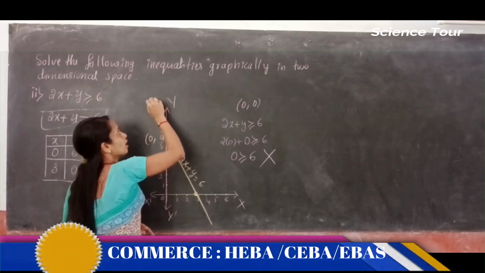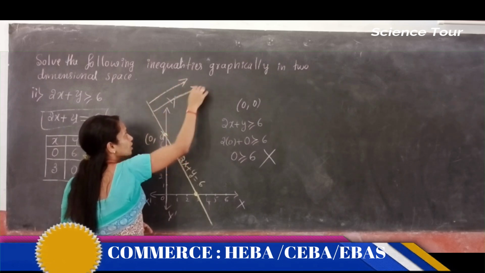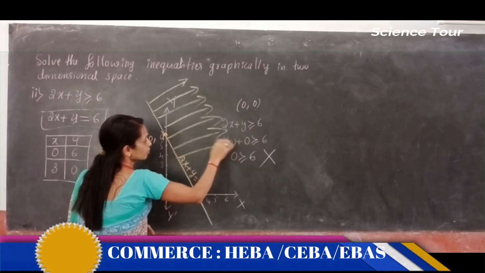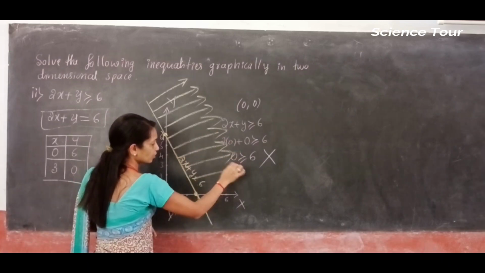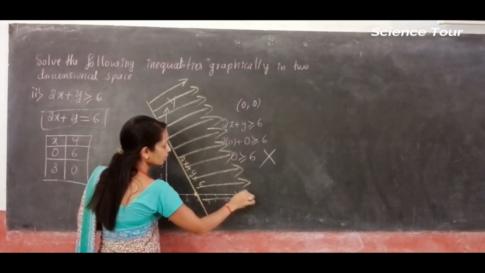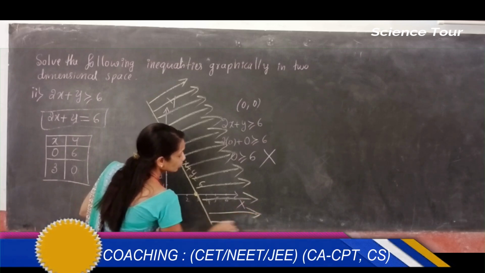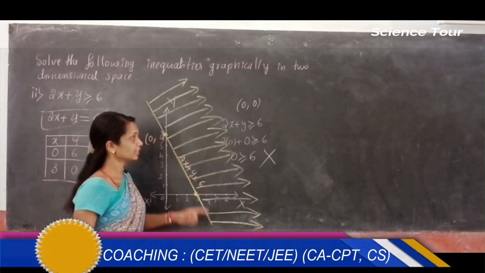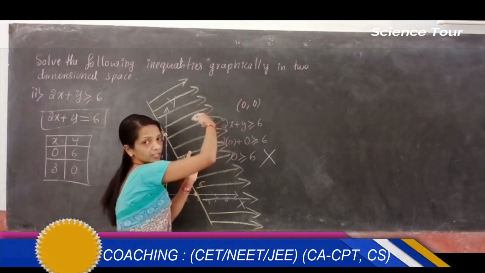So which half plane do you have to shade? You have to shade the upper half plane. Why? Because we got a wrong inequality, so we are shading the half plane that is not containing the checking point. This arrow mark indicates this shading is continuous.